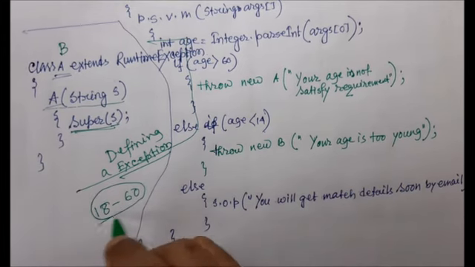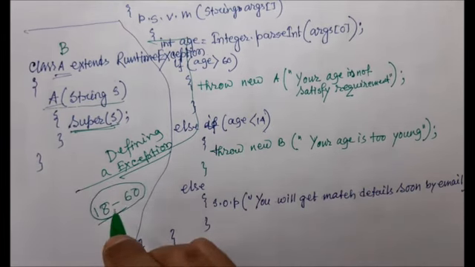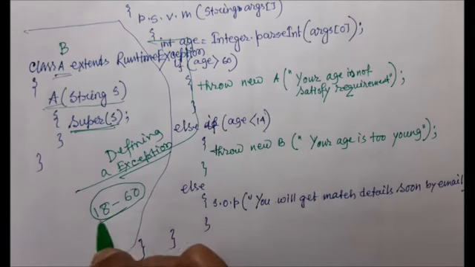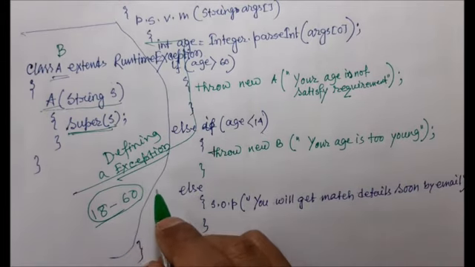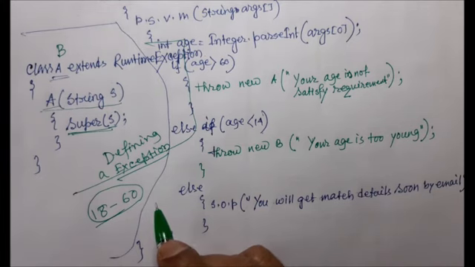Within that range I accept whatever the age is, but if less than 18 I will not accept it, and if greater than 60 I will not accept it. So I want to throw an exception based on the user input.